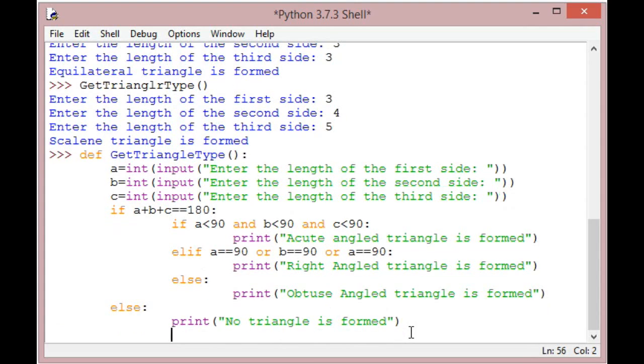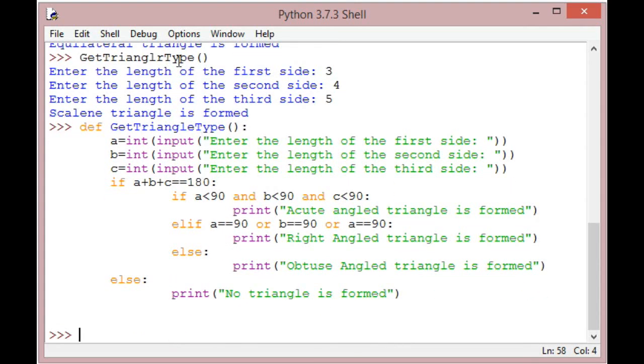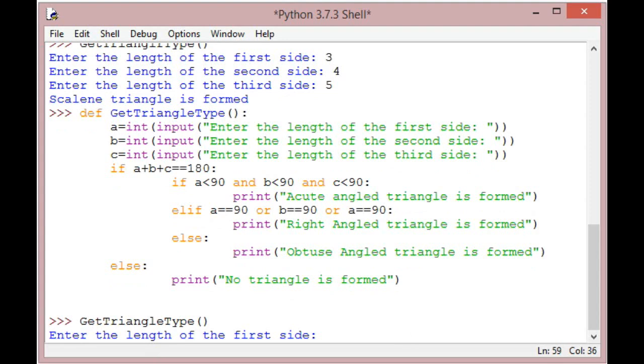I'll be calling the program. So in order to call it, let's see whether this works the way we expect.